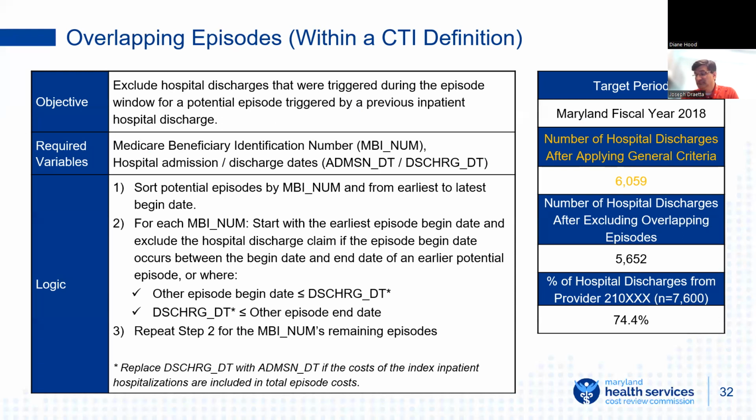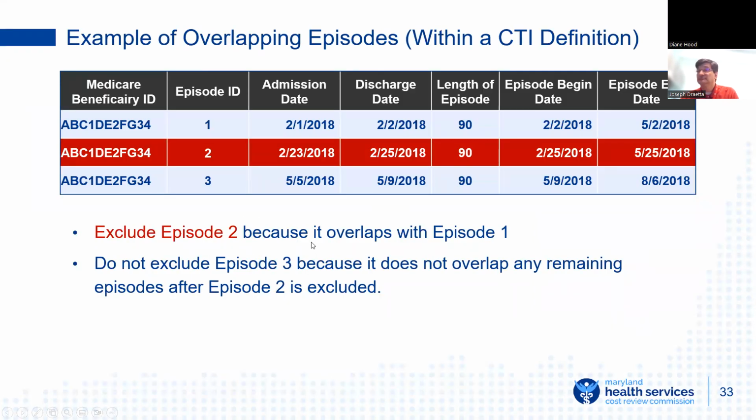As a quick summary of the logic listed here, basically, we order all inpatient discharges for a given beneficiary chronologically, and then, going in chronological order, we eliminate an episode that was triggered within the previous episode window. And once that's eliminated, any subsequent ones... well, here's a good example.